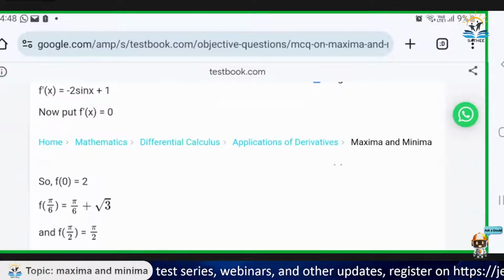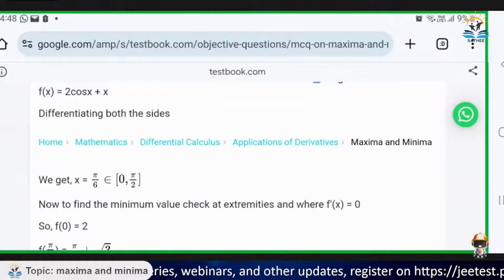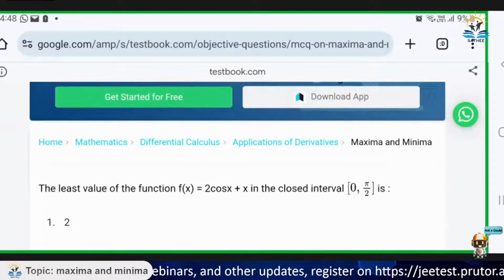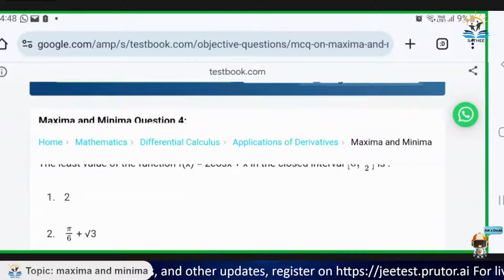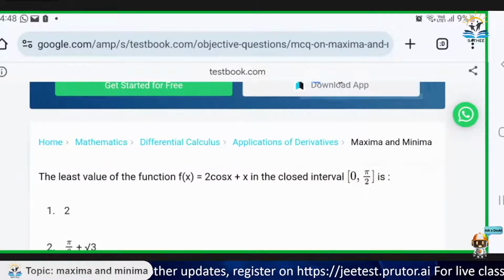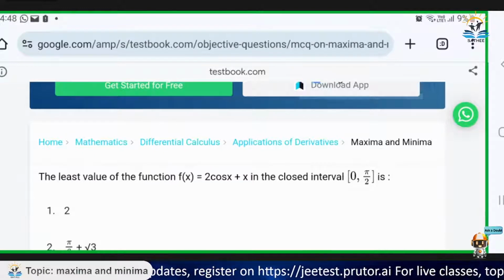This was a tricky question where they can directly ask for local minima by giving an interval, and students generally forget to check the values at the extremities of the interval.